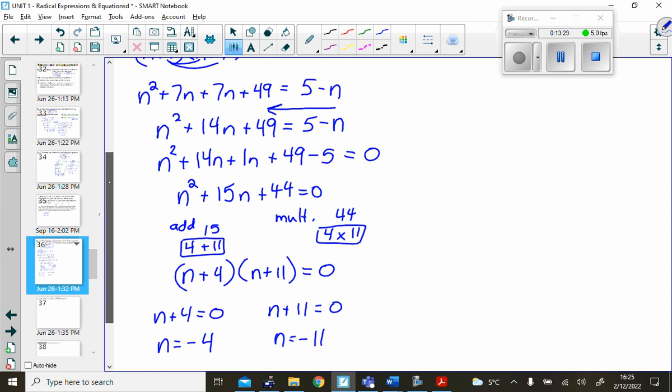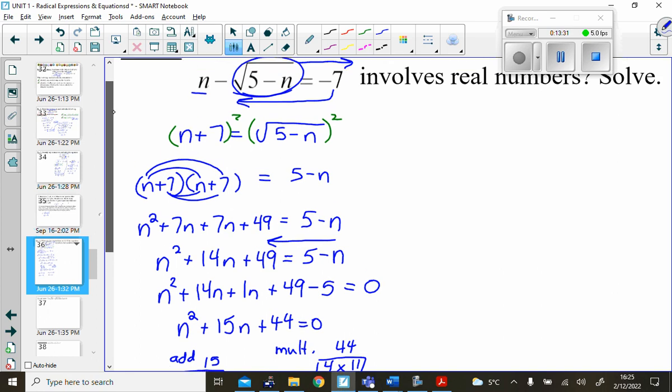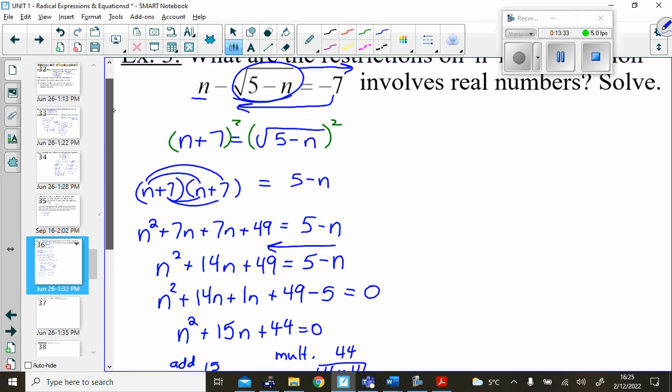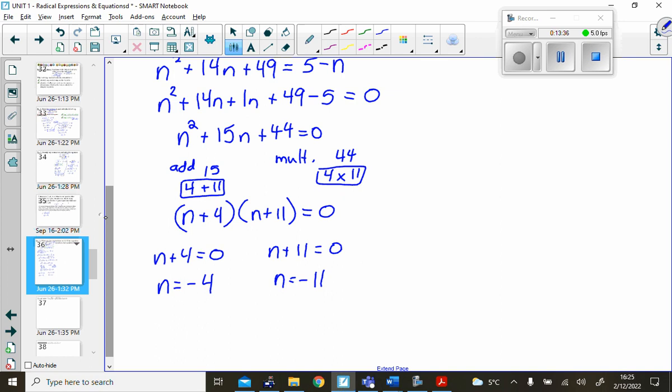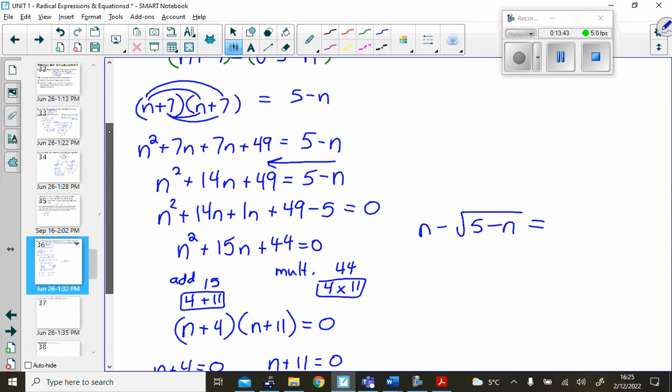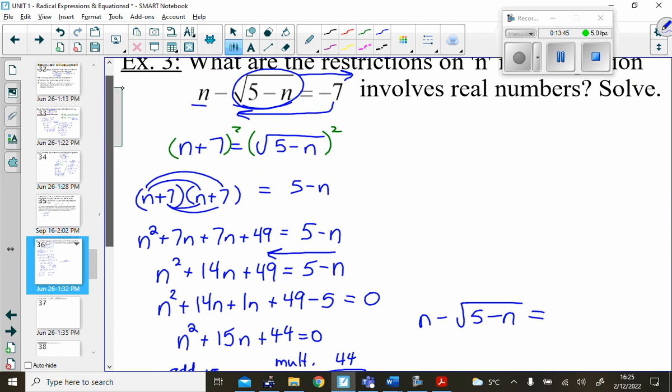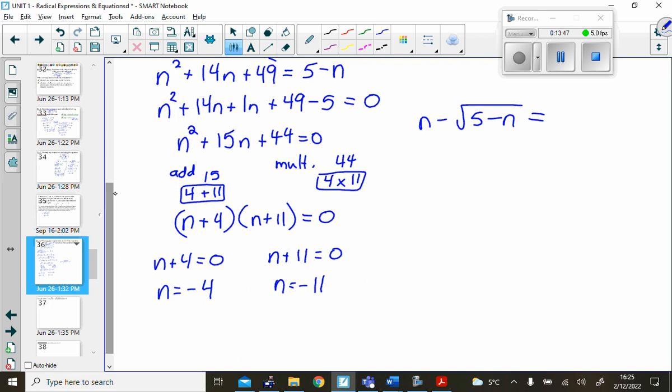You've got to go back to that original equation, n minus root 5 minus n equals negative 7. You have to plug both the negative 4 in and then the negative 11 in and see if they both work. I'll plug in negative 4 first.